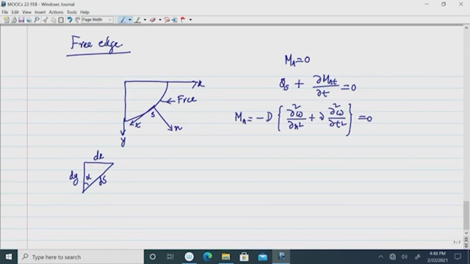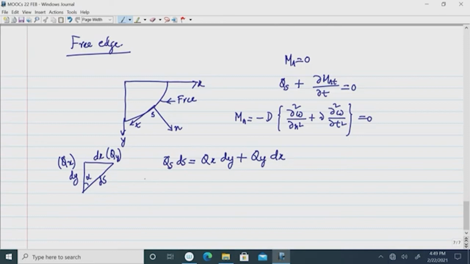So, for the equilibrium, if the shear force along this d x edge is q y, and along the d y edge the shear force is q x, and these are taken upwards, I can write q s d s equal to q x dy plus q y dx. Okay. That I can write.